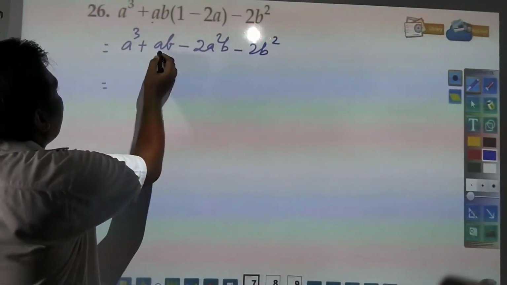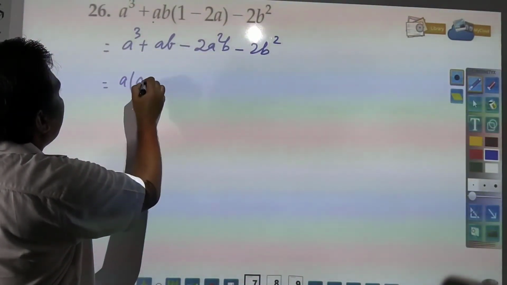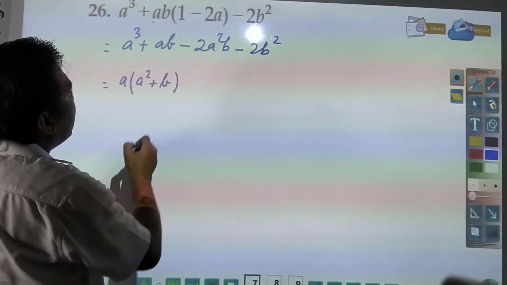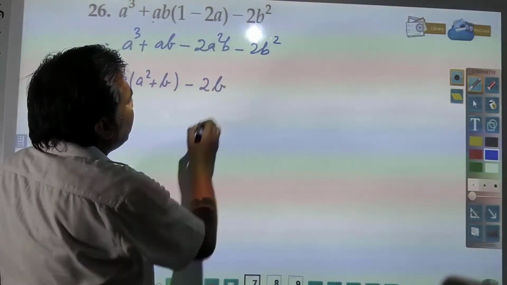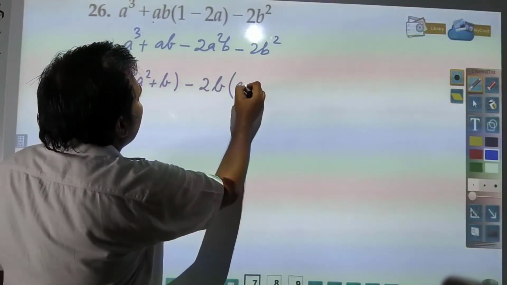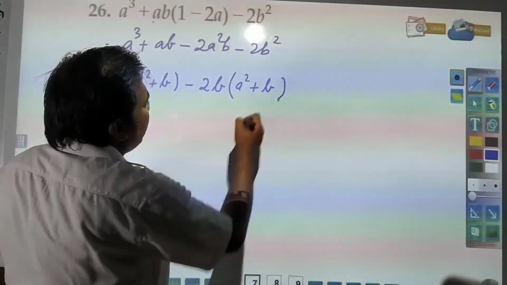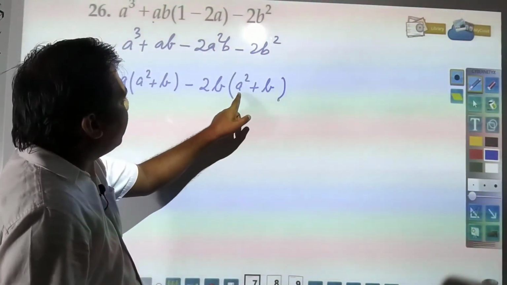Here you see what we have, a common we have, so we will get a square plus b, and here minus 2b can be taken out common, so we will be left with a square plus b, because b already we have taken out, 2 already we have taken out, we will be left with b.